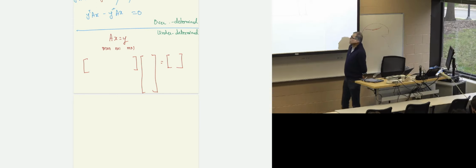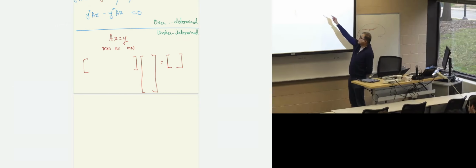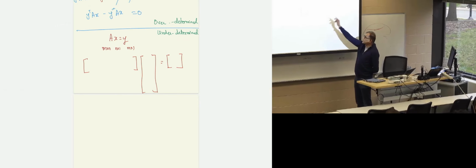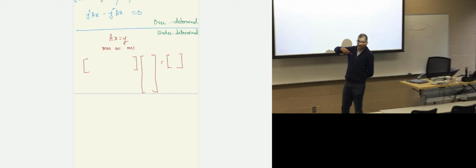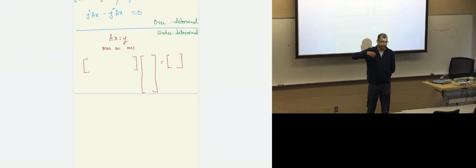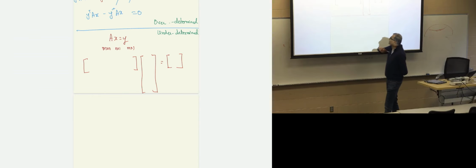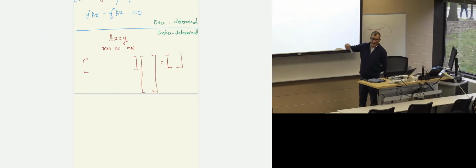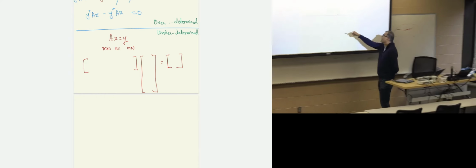It's underdetermined in the sense that you have more equations than unknowns, right? More unknowns than equations. Yeah, you have more unknowns than equations. Yeah, that's right. I don't know why I'm binary. My binary is bad today.